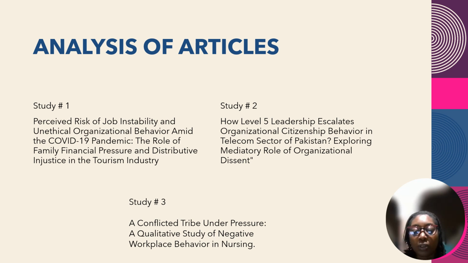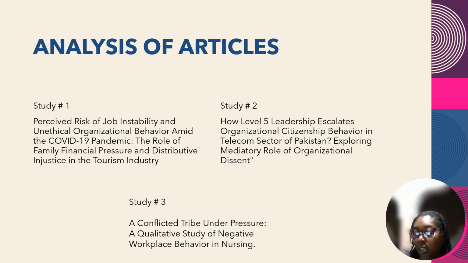So the first study that I want to discuss is entitled The Perceived Risk of Job Instability and Unethical Organizational Behavior Amid the COVID-19 Pandemic: the role of family financial pressure and distributive injustice in the tourism industry.